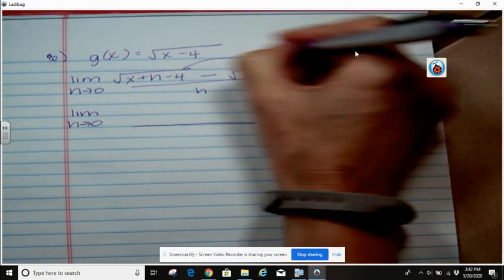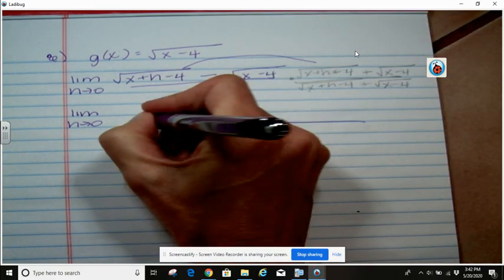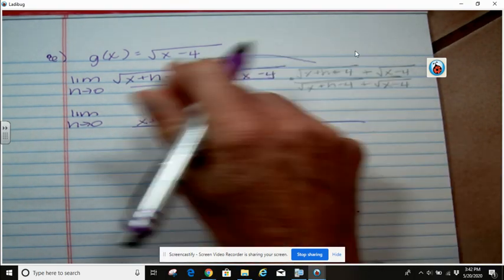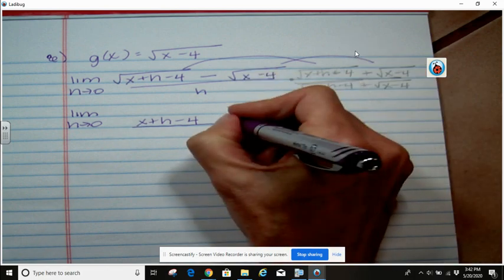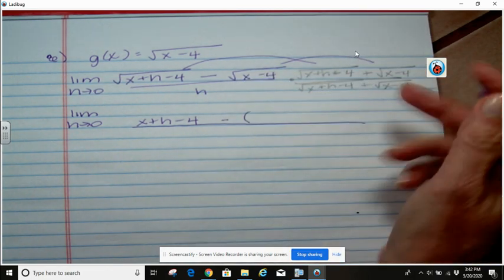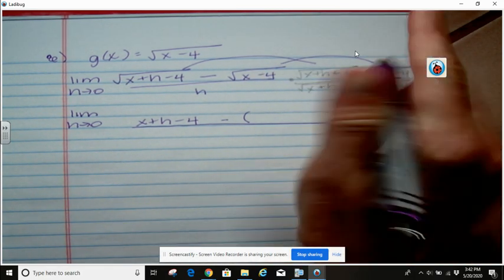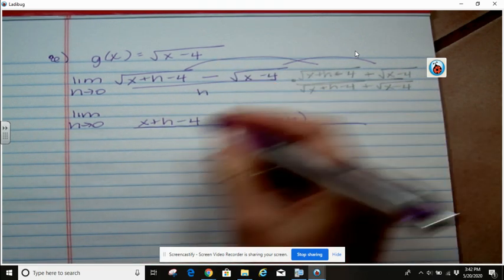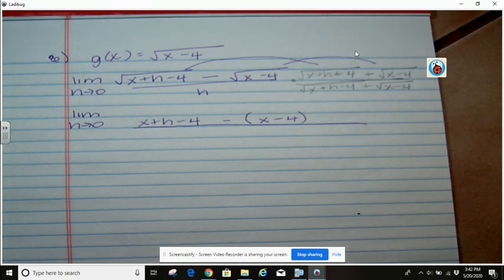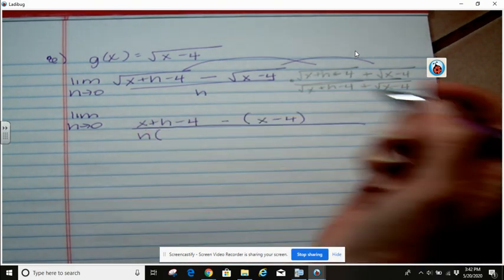And when you multiply a square root by itself, you just get what's underneath. Then the outer and the inner cancel. And in the last terms, it's a negative times a positive, so put minus. Then put some parentheses, multiply the square root by itself, so you just write down what's underneath those parentheses. Very important. And then down here in the bottom, I'm just writing down h times the conjugate.